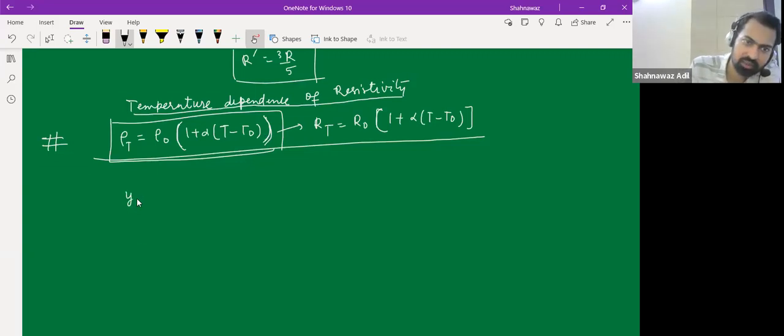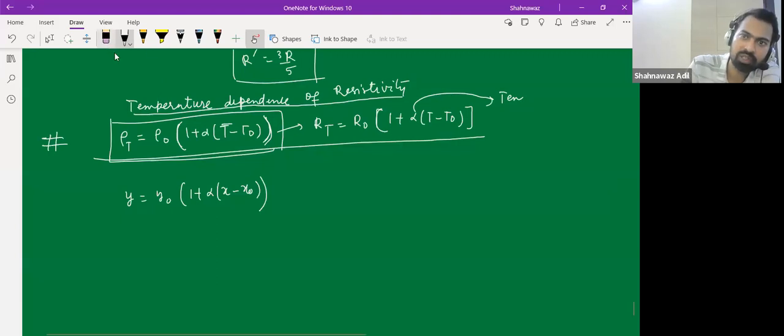Let's say this is y equals y naught into 1 plus alpha times x minus x naught, where this alpha is the temperature coefficient of it.